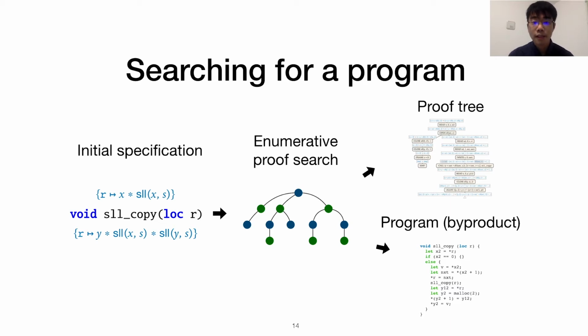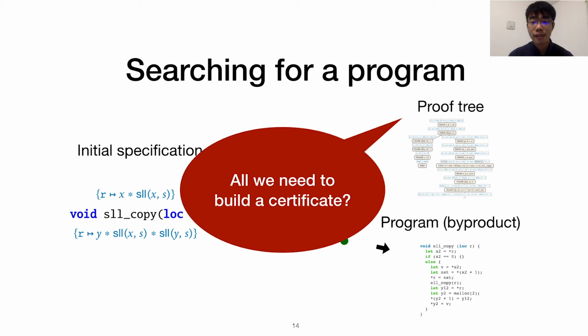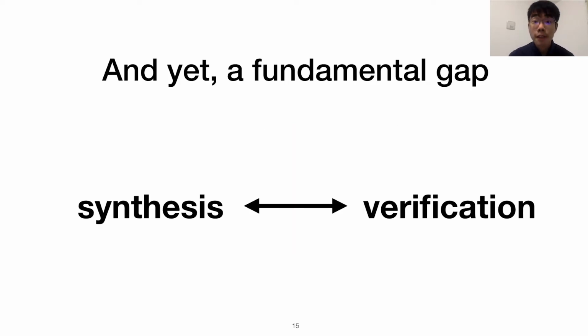In theory, the sequence of SSL rules applied to synthesize the program should be all we need to build a valid Coq certificate. Interestingly, though, there's a fundamental gap between synthesis and verification proofs, which prevents a straightforward generation of these proof certificates.